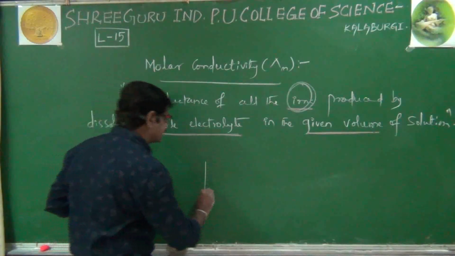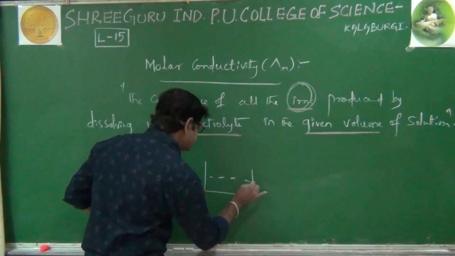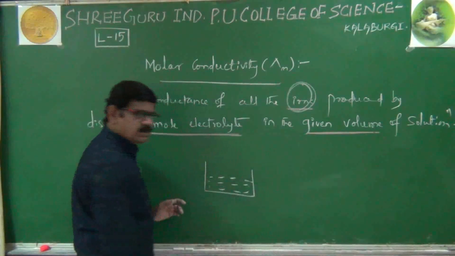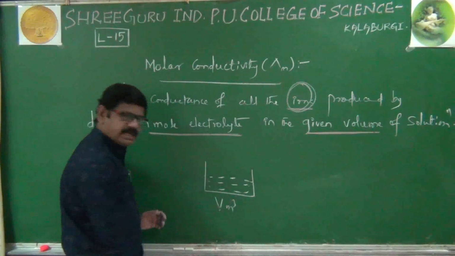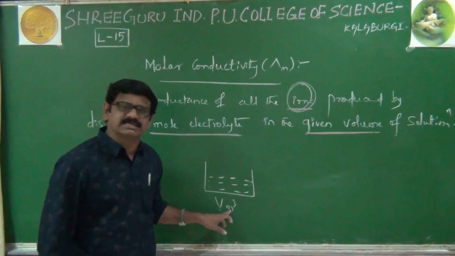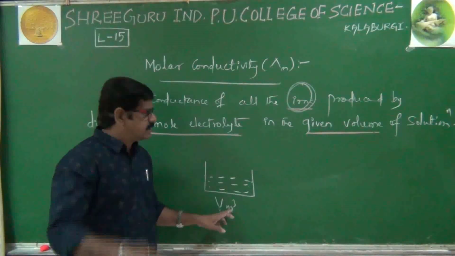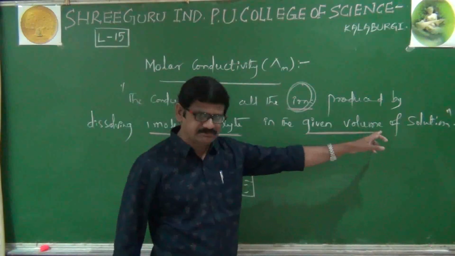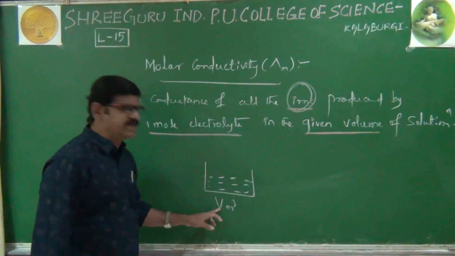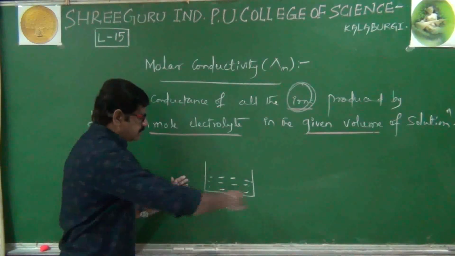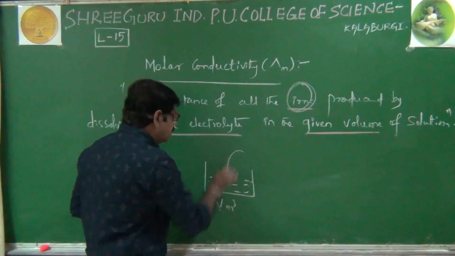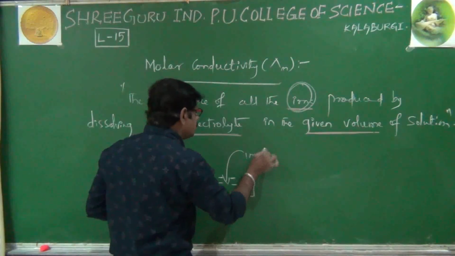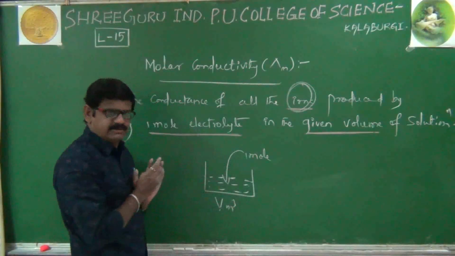Suppose we take one container whose volume is V meter cube. Here meter cube is the SI unit of volume. We have mentioned the given volume, so I have taken a container of V meter cube volume. In this container, 1 mole of electrolyte has dissolved.